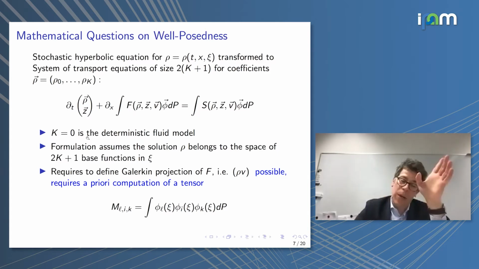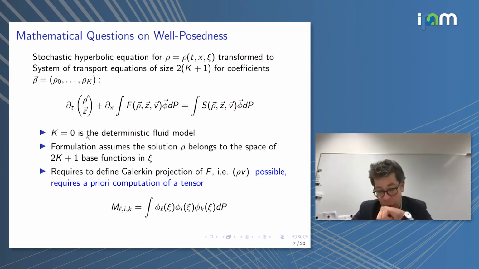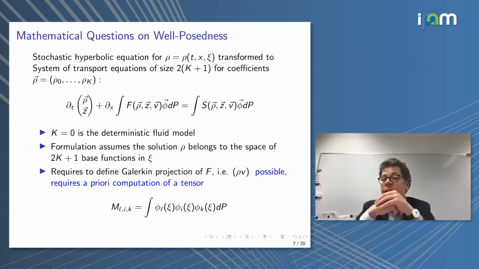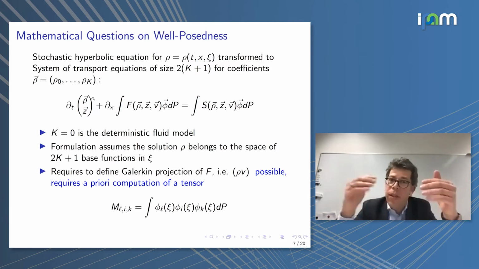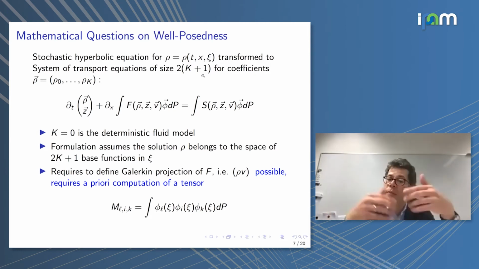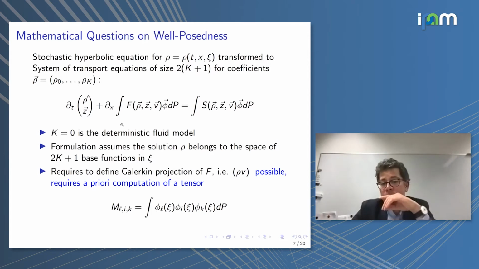If I only expand to a single mode, then I get again the deterministic Aw-Rascle model in this case. If I have a finite truncation, then this formulation says essentially that you project your infinite dimensional function in psi to a subspace of these k plus 1 polynomials in psi.